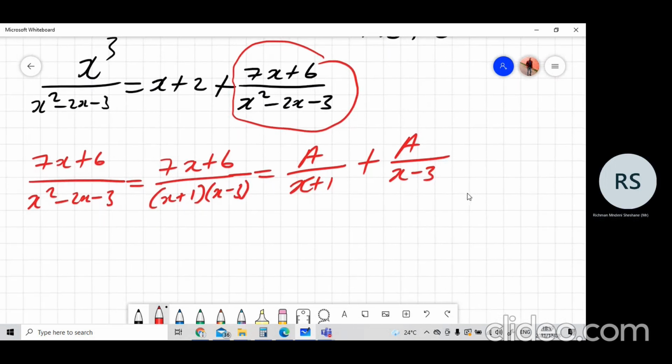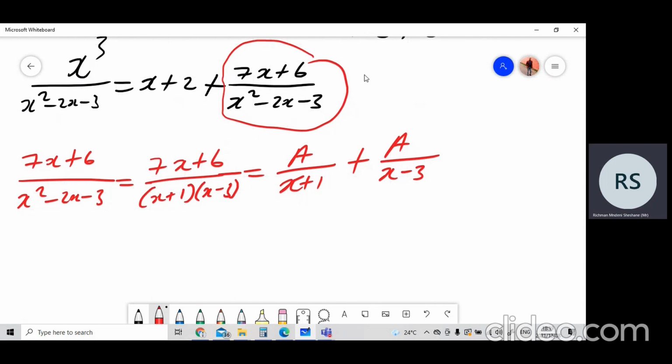After this, we use B, sorry, because we already used A here. Another constant B. So solve for A and B. Always follow the same step: multiply by the LCD, in this case x plus 1 and x minus 3. On both sides, when you multiply, on the left-hand side they cancel.